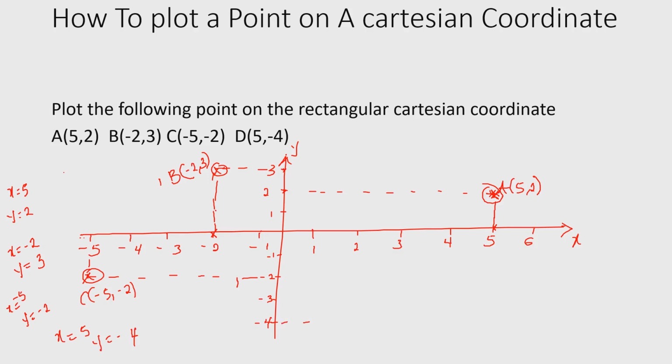So I'm going to trace it to where it's going to meet this point. Okay, so here is my what? Here is my D, which is 5, minus 4. So that is how to locate or how to plot a point on a rectangular Cartesian coordinate.